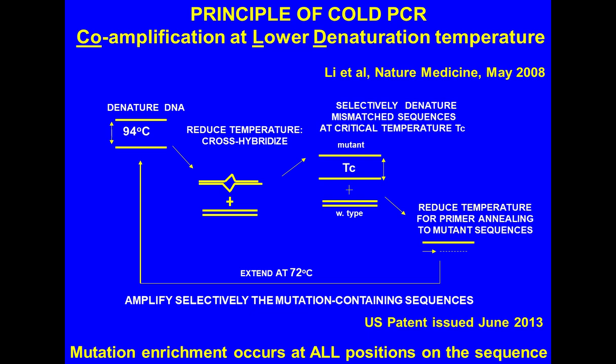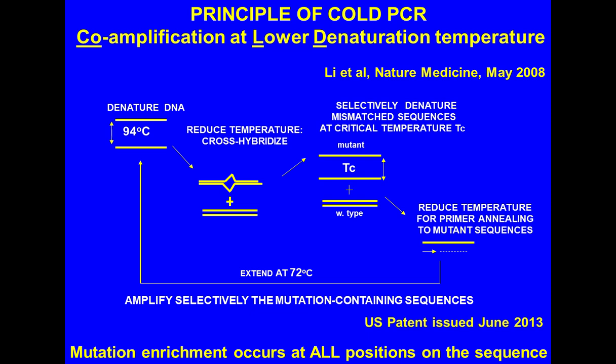So upon denaturation at 94 degrees, the two strands of DNA are separated, and then instead of going all the way down to a temperature to which the primers will bind, we stop at an intermediate temperature, like 75 degrees, 72, 70 degrees, that allows the top and bottom strands of DNA to bind with each other without yet the primers initiating synthesis, because we keep the temperature high enough so that the primers don't bind.